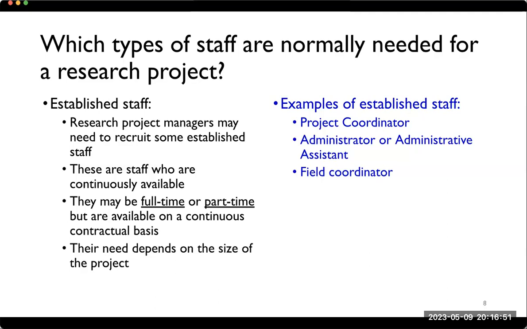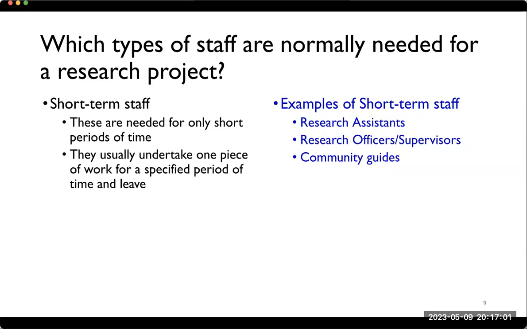But also for some projects, we might have some field or operational staff who are managing the activities of the project at a field or operational level. For those projects that are short term, like 6 months up to a year, we might need staff that are coming on to perform a piece of work.